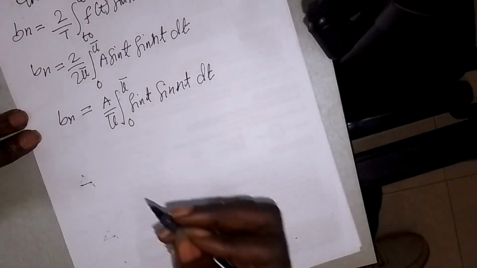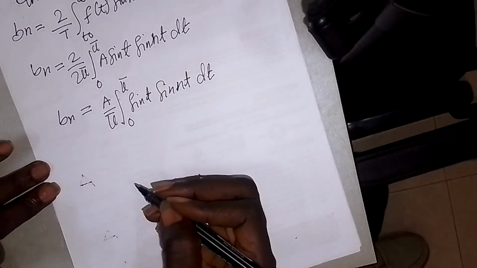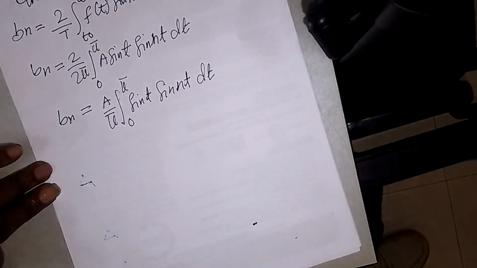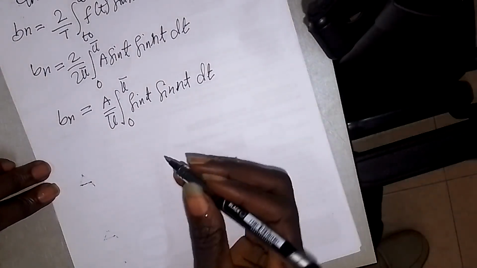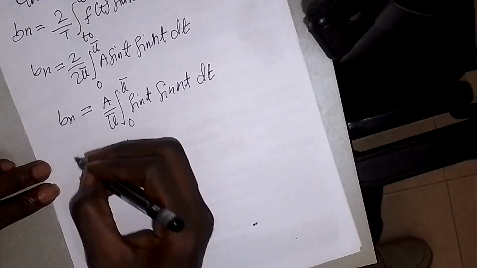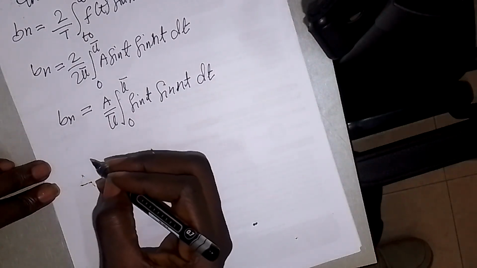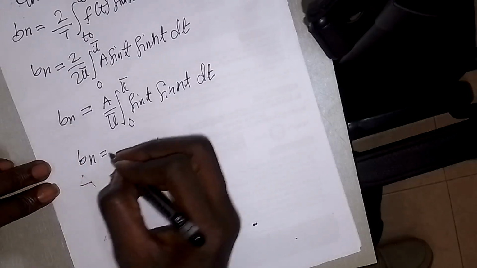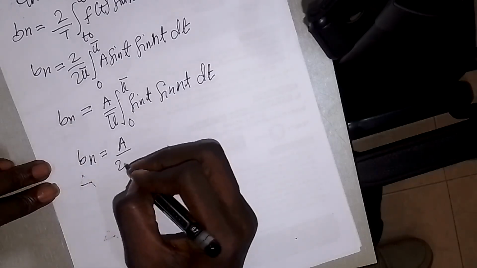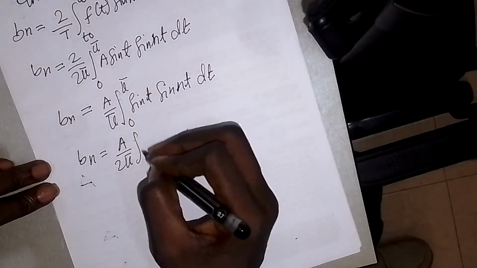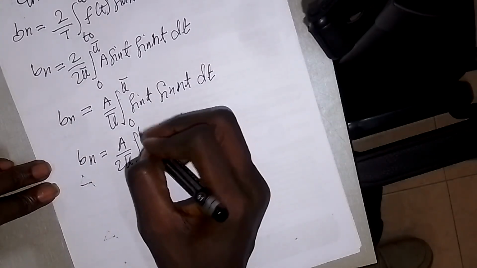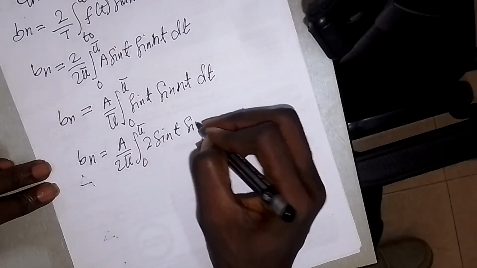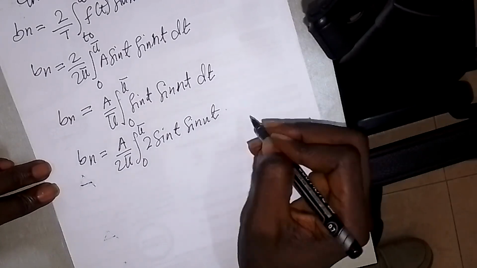So when we have this one, what we can now do is our integration. But before we do this integration, we can simplify this further. So I can say that Bn is equal to a on 2 pi, into the integral from 0 to pi of 2 sine t sine n t.